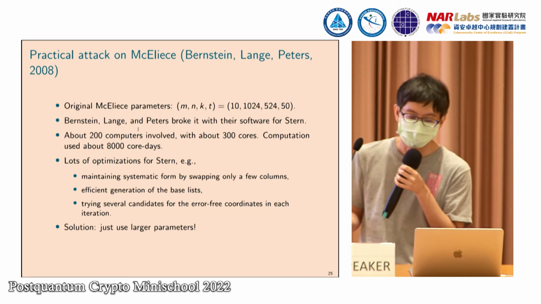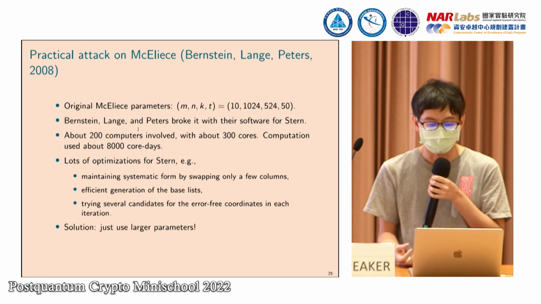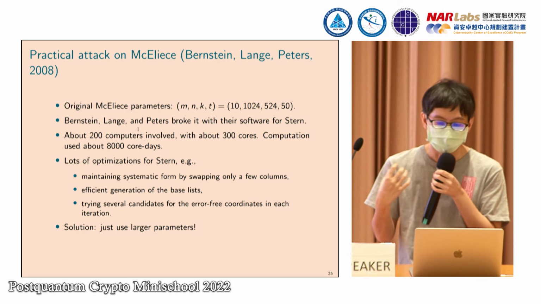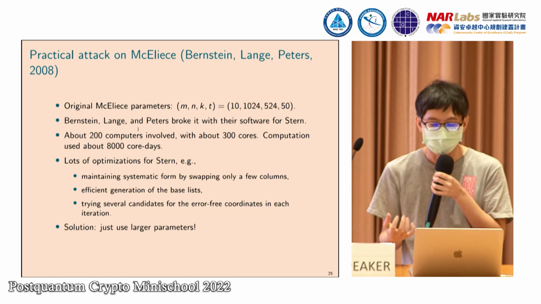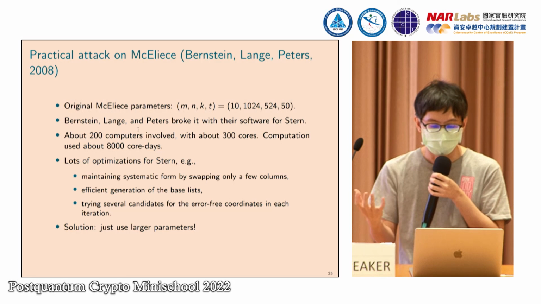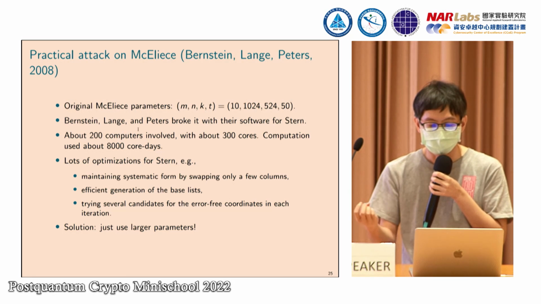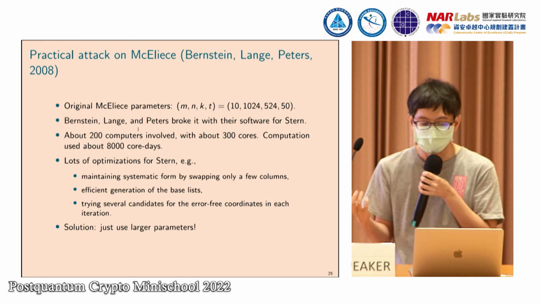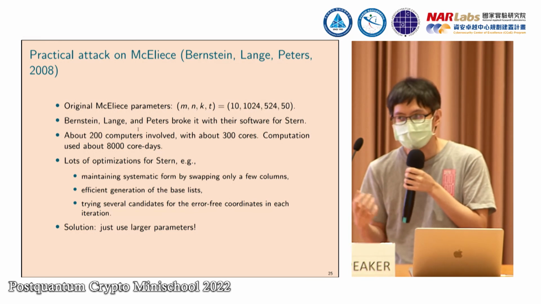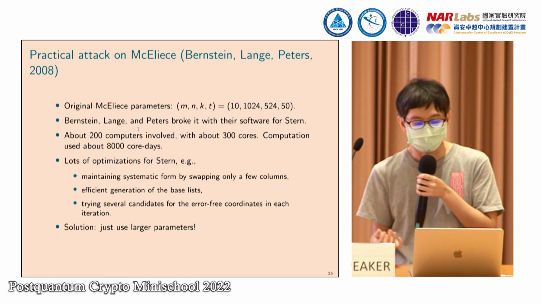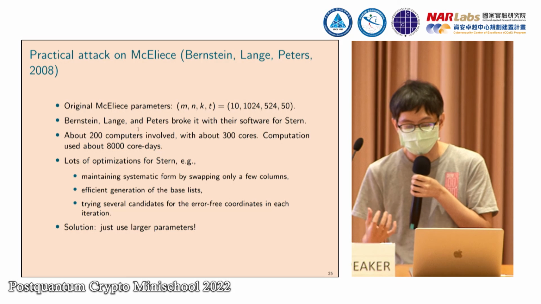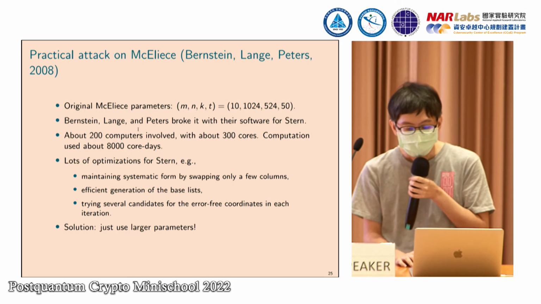So I think it's not really his fault for designing a crypto system like this. But today, we know much better how to evaluate the capability of computers and so on. So we know how to design proper parameters for McEliece and Niederreiter crypto systems. The solution is just to use larger parameters, what people design today.